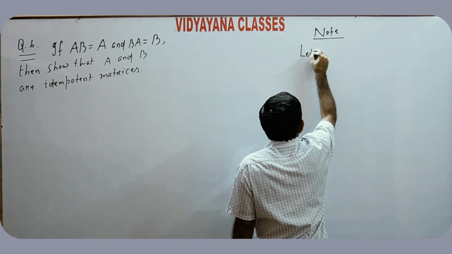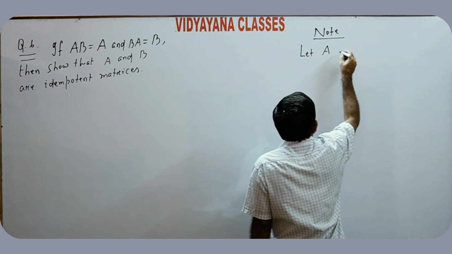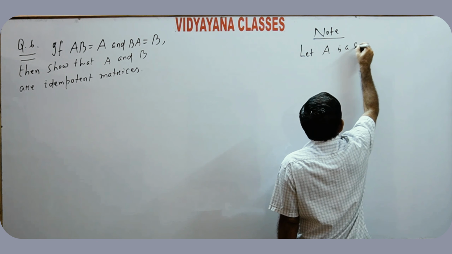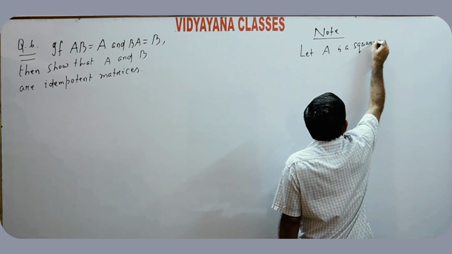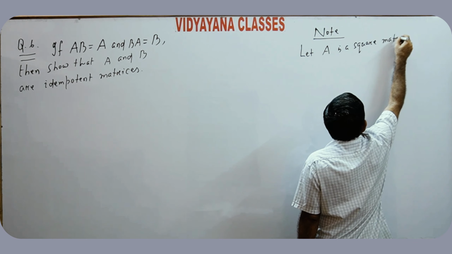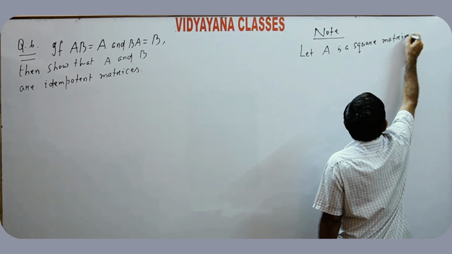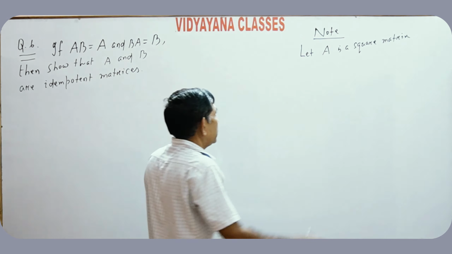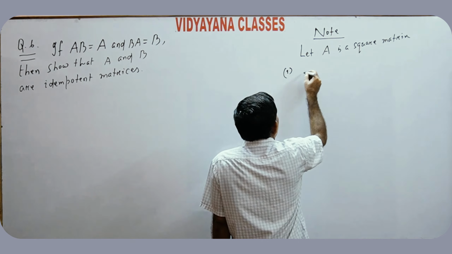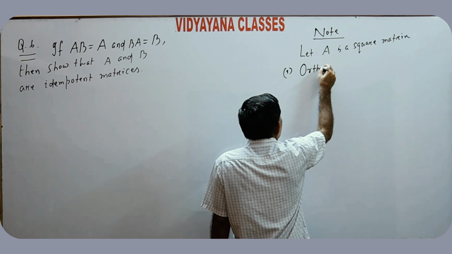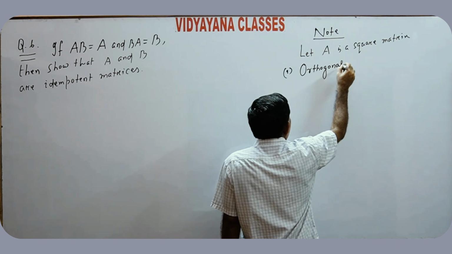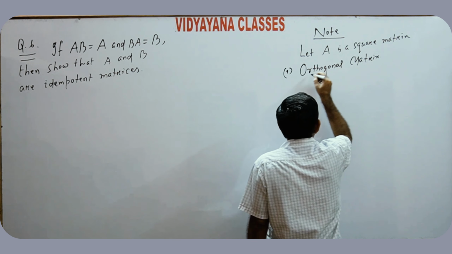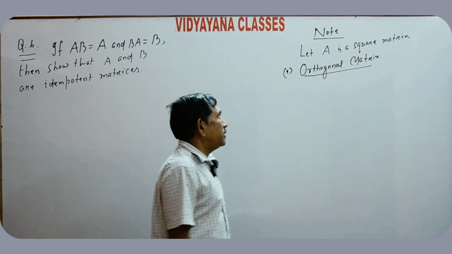Let capital A be a square matrix. First, the orthogonal matrix. What is an orthogonal matrix?